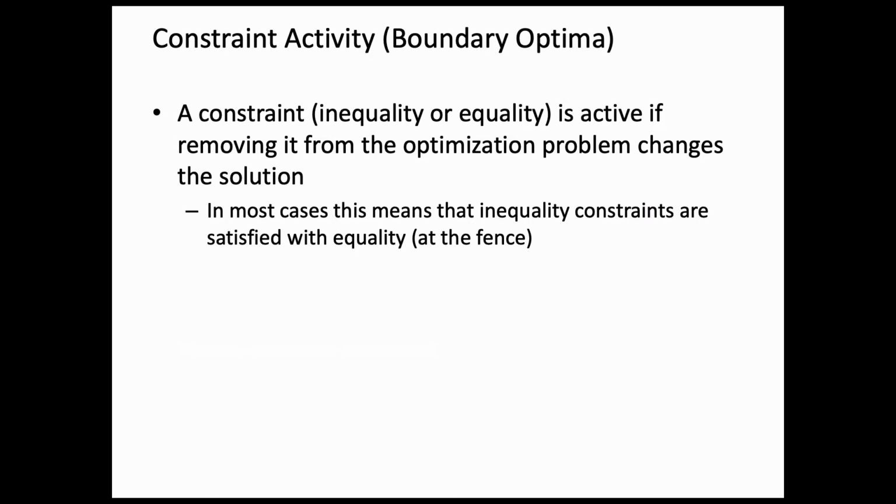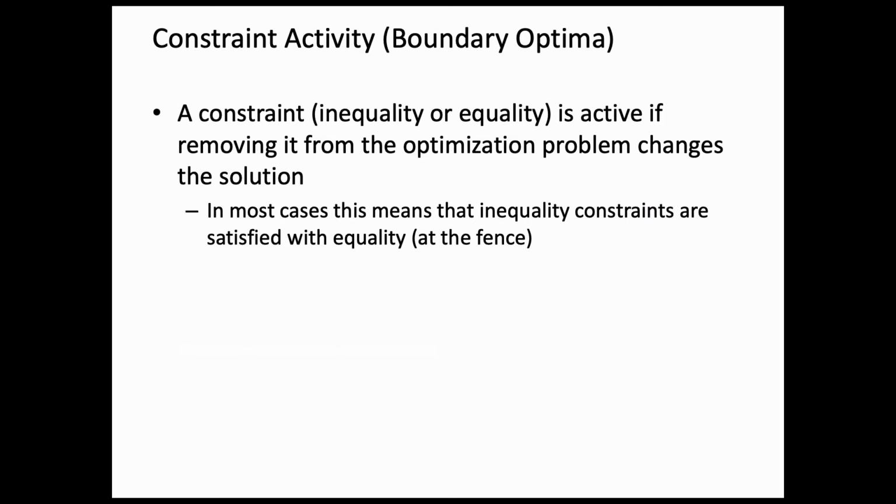Thinking about the metaphor of walking down a valley and having to stay on one side of the fence or the other, if this is a representation of an inequality constraint, and we're at the fence, then that corresponds to satisfying the inequality constraint with equality.